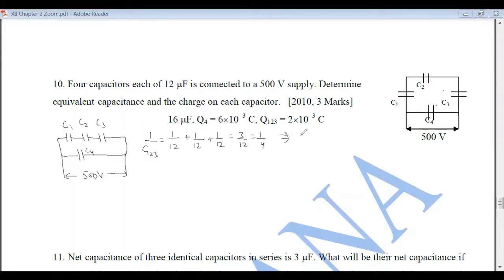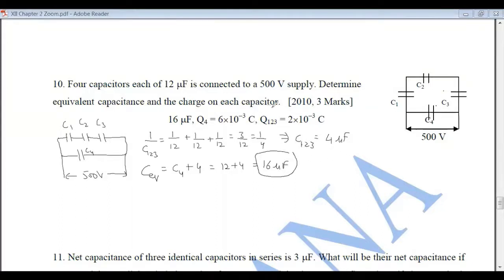So the equivalent of the first, second and third capacitor is 4 microfarad. Now this 4 microfarad is in parallel with C4. So the equivalent capacitance will be equal to C4 plus 4 microfarad. C4 is 12, so 12 plus 4 is equal to 16 microfarad. So the equivalent capacitance is 16 microfarad.